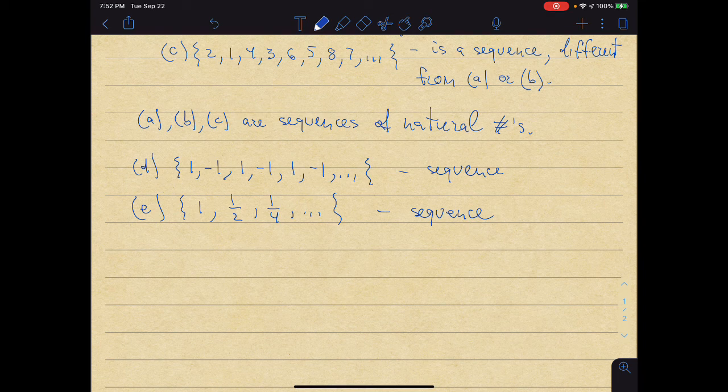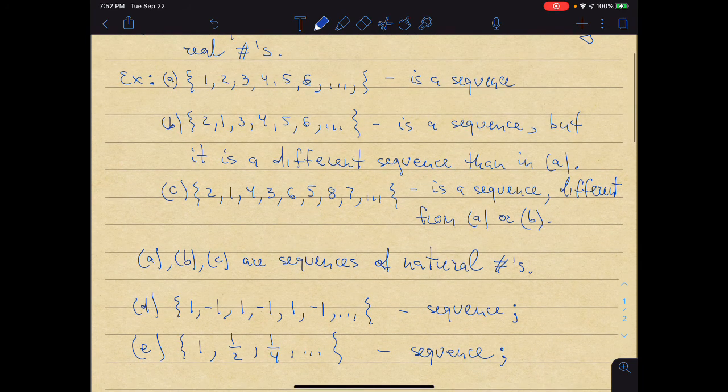So at position 1, I have 1, then I have 1/2, then I have 1/4. If I keep going, I'm going to get 1/8, 1/16, etc. So in this way, again, we specified all possible elements of the sequence.